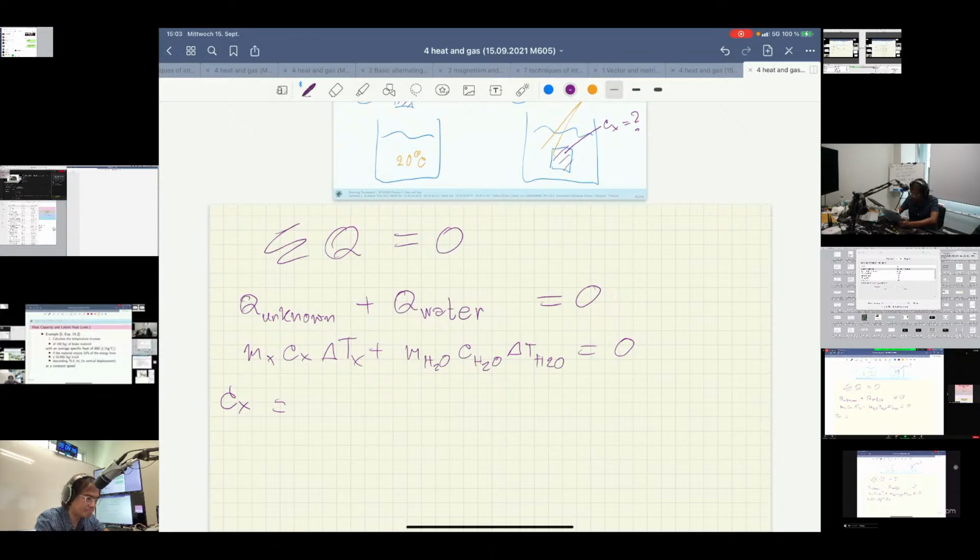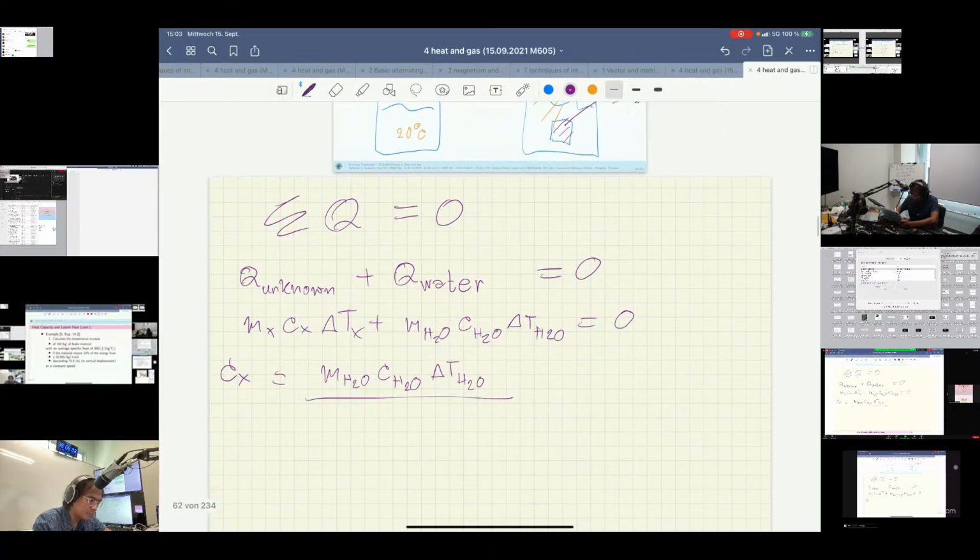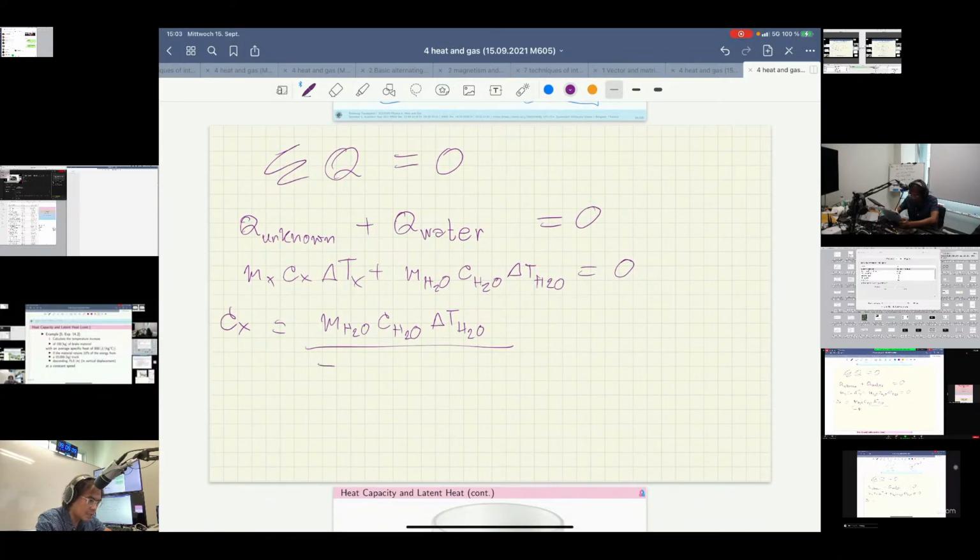We move Cx to the right-hand side and we get Cx equals m_H2O, c_H2O and delta T_H2O divided by negative m_x and delta T_x, right?